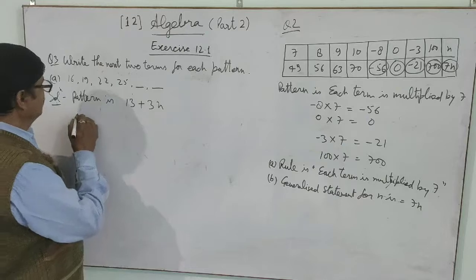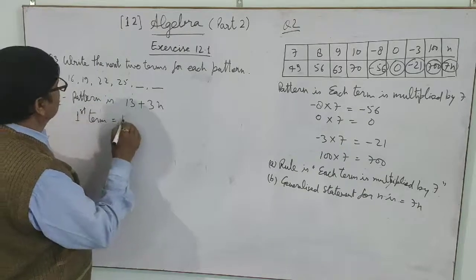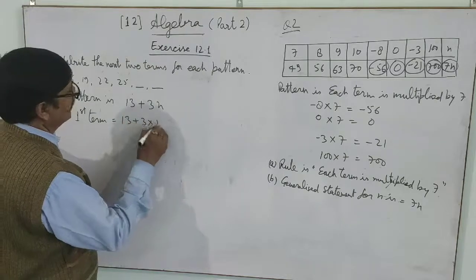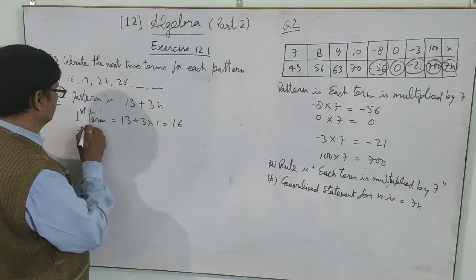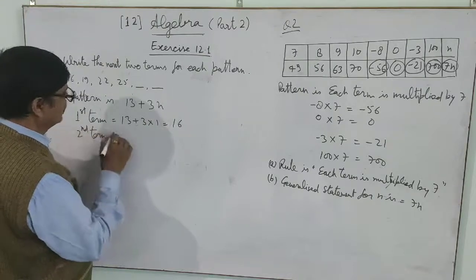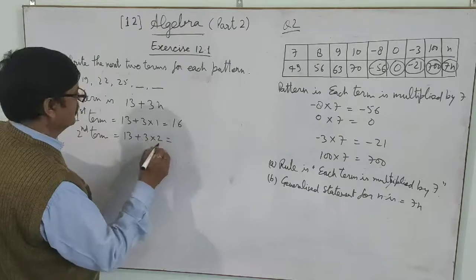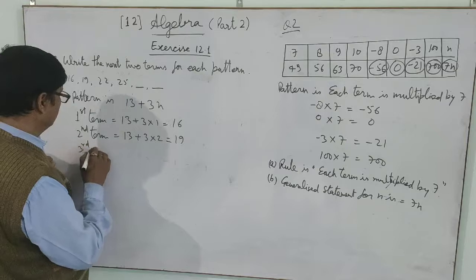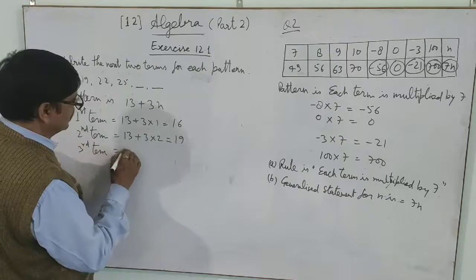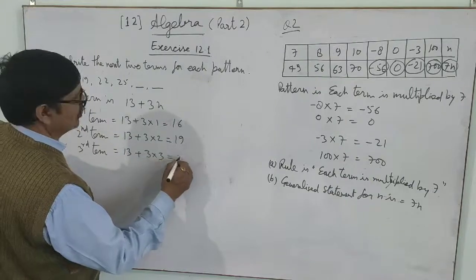So first term is 13 plus 3 into 1, 16. Second term, 13 plus 3 into 2, 19. Third term, 13 plus 3 into 3 is equal to 22.